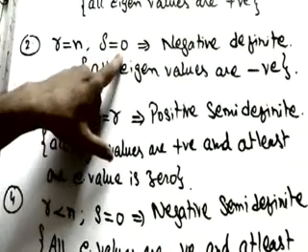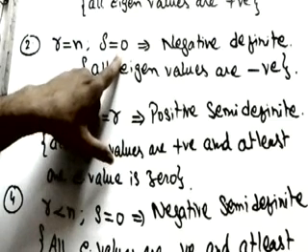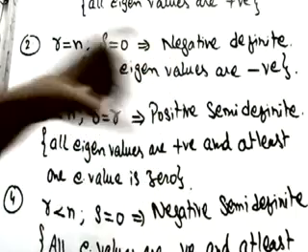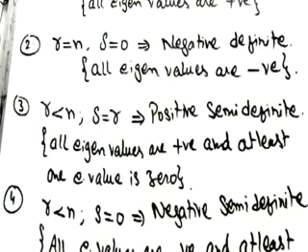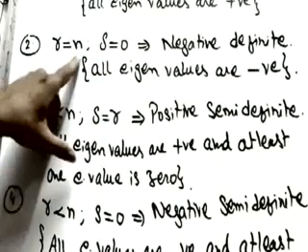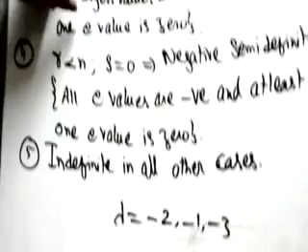You see here s equals 0 means the number of positive terms is 0, that is the index is 0, so no positive terms are there, all the terms are negative, therefore this is called negative definite. Its condition is r equals n and s equals 0. Rank and number of variables are the same.